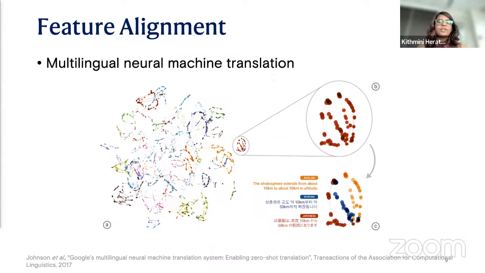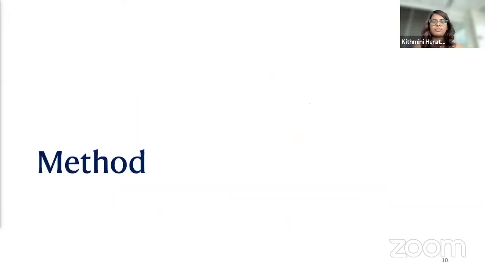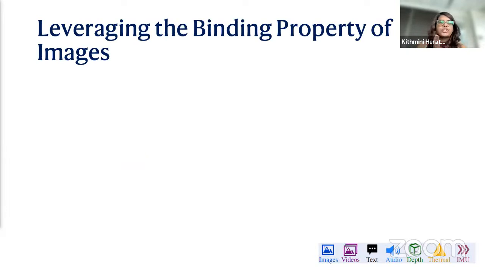Now that we've gone through the literature on multimodal alignment and feature alignment and the power of embedding spaces, let's move on to their method. Like I mentioned before, they are focusing on the binding property of images. So their core is an image.